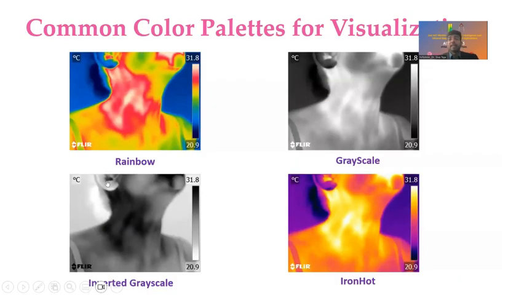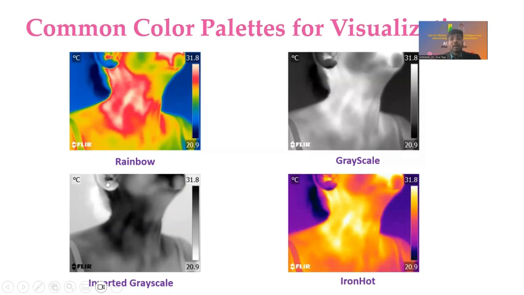What thermal cameras give us are raw temperature values. So for human interpretation, we need to convert them into thermal images. For this purpose, we use color bars and transform these temperature maps into thermal images.